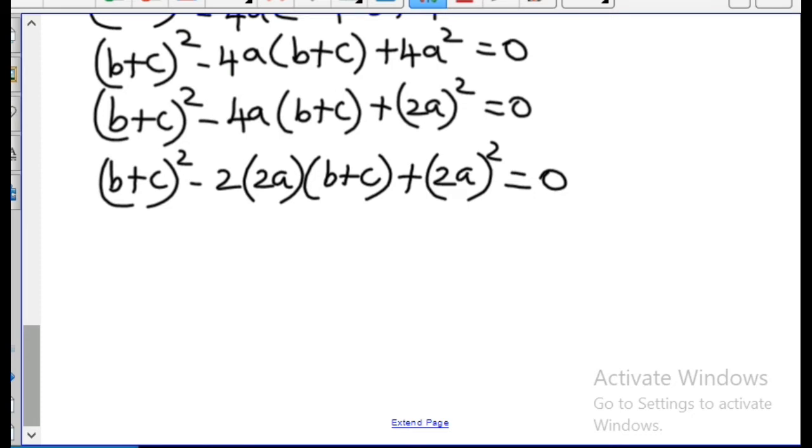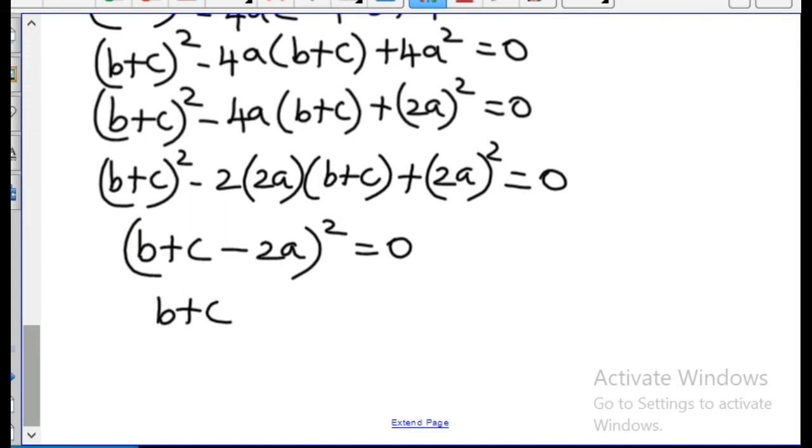Now it is possible to write 2 into first term into third term. So this can be written as b plus c minus 2a whole square equal to 0. When the square root comes to the other side, taking the square root, b plus c minus 2a equal to 0.